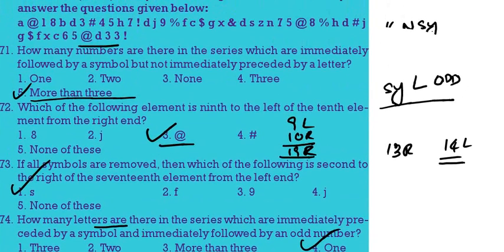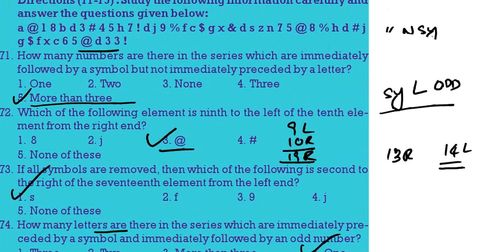From right, 13th element: 1, 2, 3, 4, 5, 6, 7, 8, 9, 10, 11, 12. 13th element from right is J. Then the 14th element from left: 3, 6, 9, 12, 14th one is D.